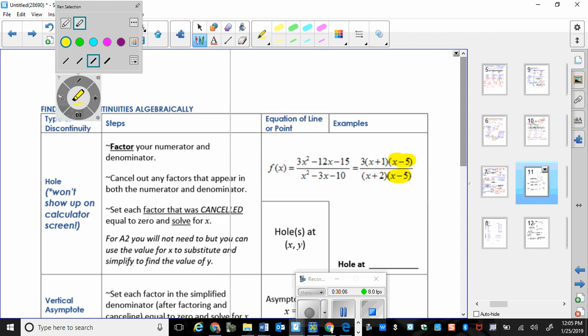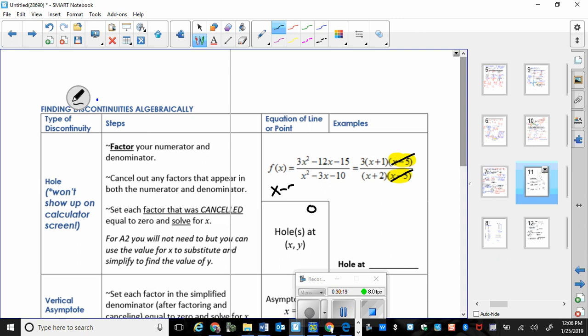So that's your hole. It's the expression that's the same at the top and the bottom. And what happens is you cancel it out, and it causes a hole. So we have x minus 5 equals 0. We solve for x, and we find out x equals 5. So we have a hole at 5, and now we need to find the y value.